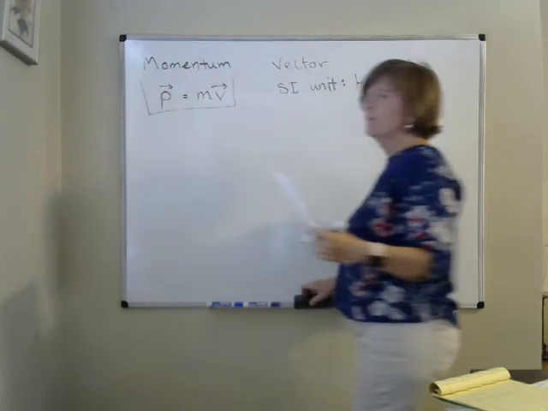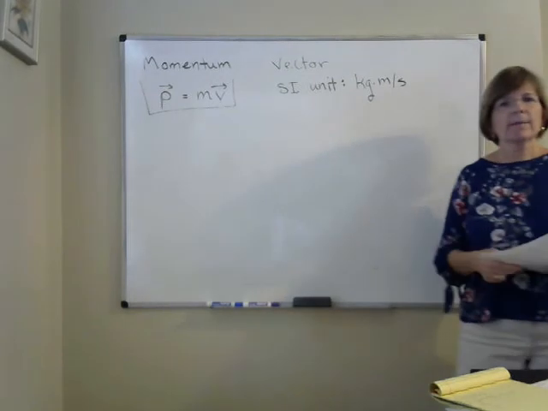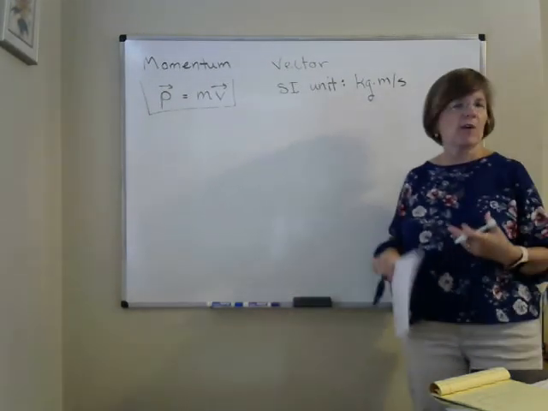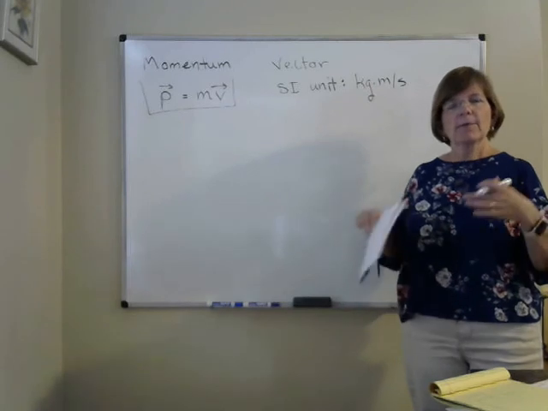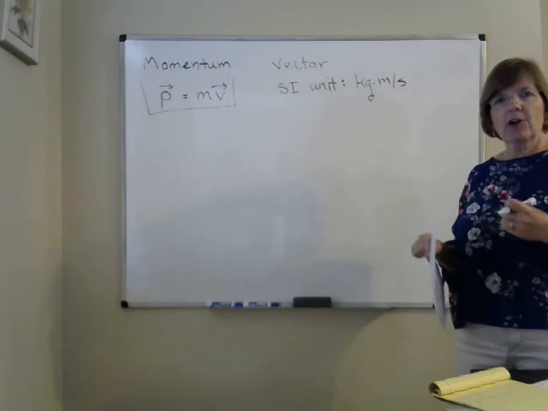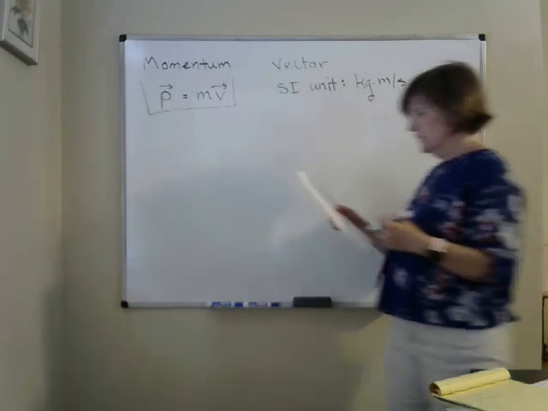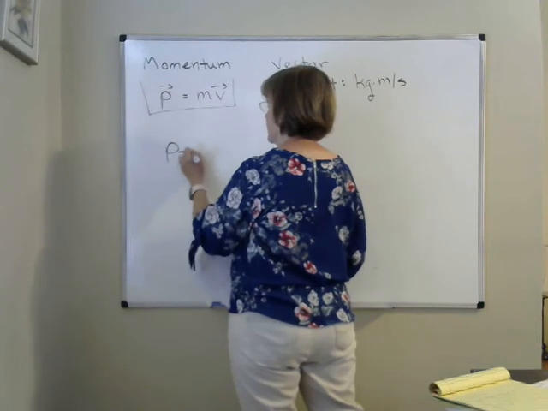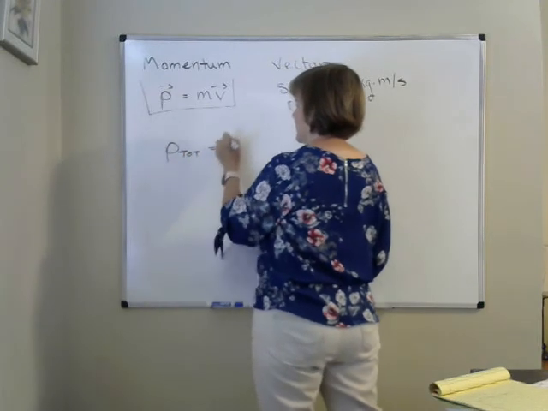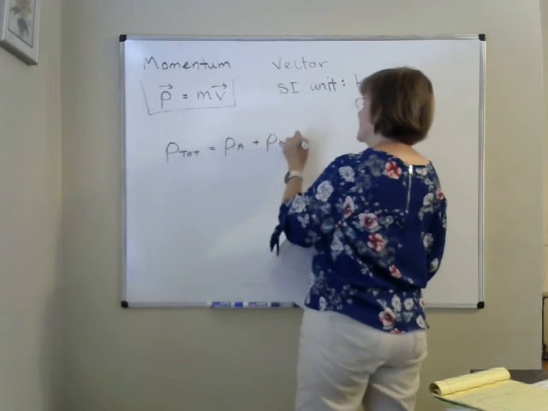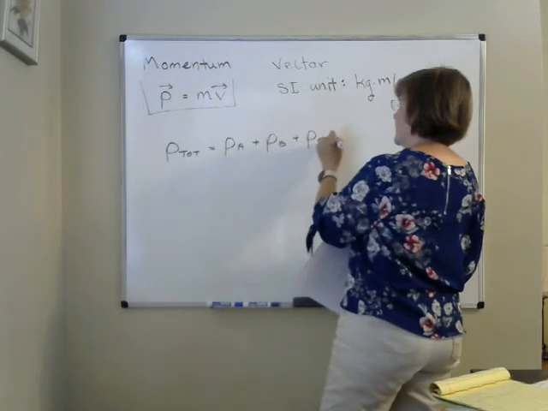Another thing: we've probably used this word a fair amount already, but the idea of a system. A system is a collection of objects. The momentum of a system is simply the momentum of each object in the system. So if you want the total momentum of a system, it is simply the momentum of the first object plus the momentum of the second object plus the momentum of the third object.